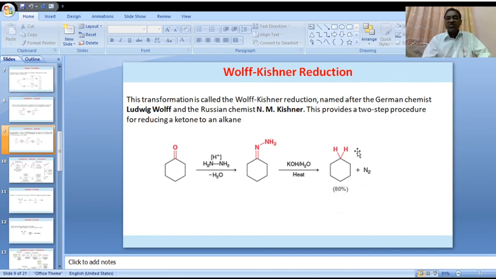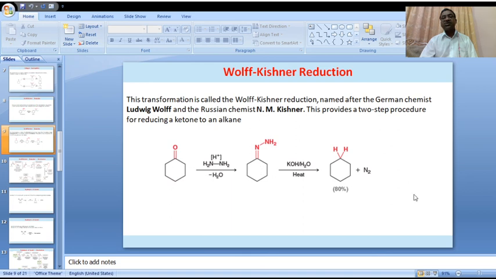About 80% of this cycloalkane is obtained in this reaction, and nitrogen is the byproduct.